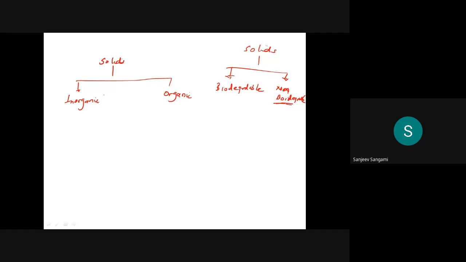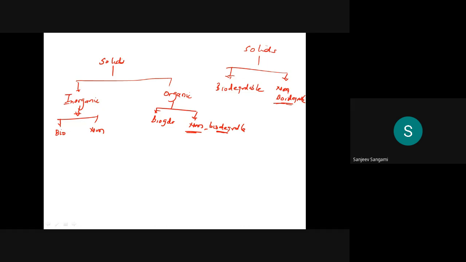So one classification is inorganic and organic, and the other is biodegradable and non-biodegradable. I'll tell you the difference.